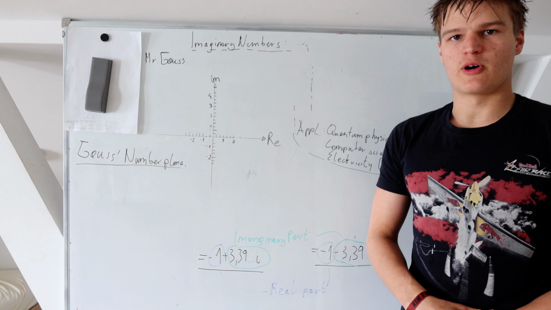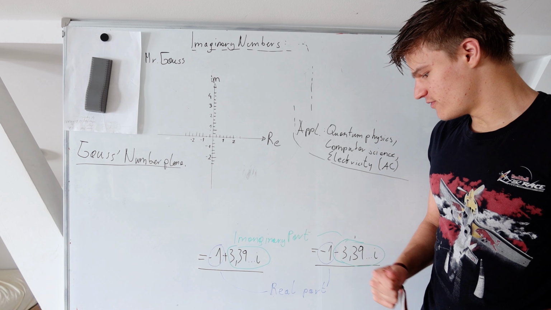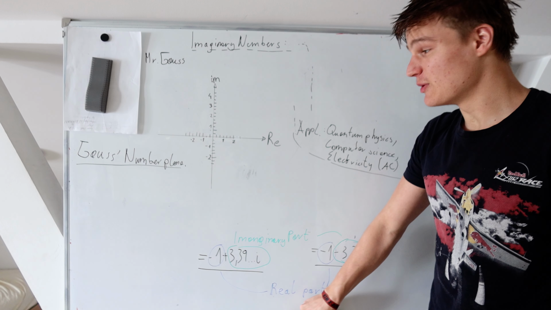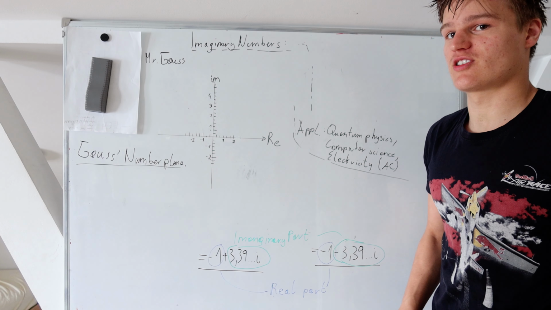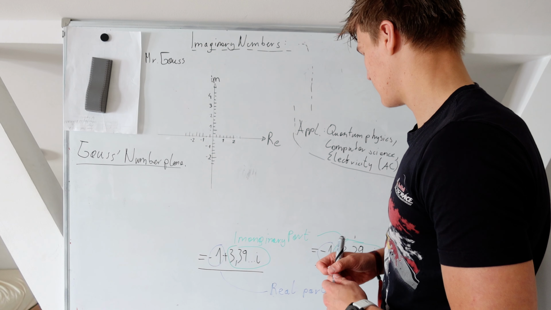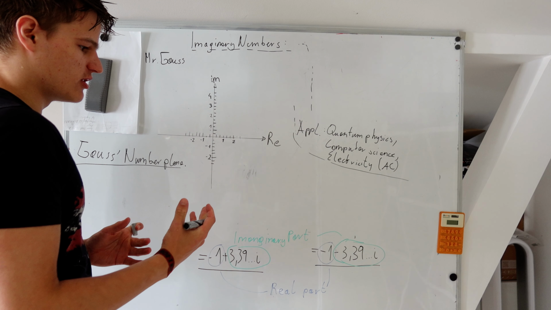So you now have two different parts on the plane. You have an imaginary part and a real part. How do we sketch this? Well, we sketch it the way we normally sketch it. This is basically like having two coordinates on this plane. So let's show the result before we do anything.